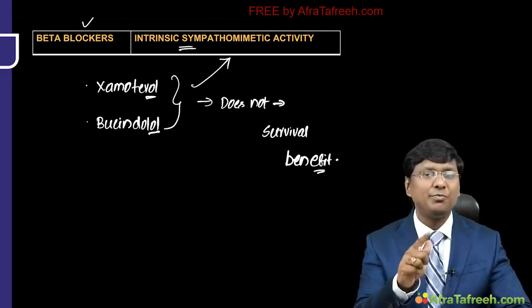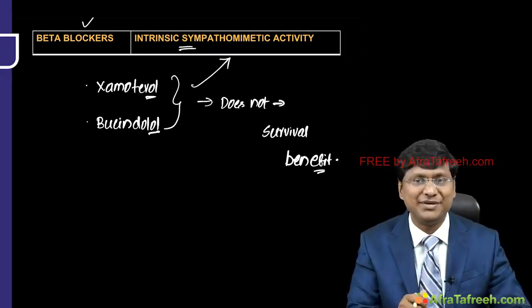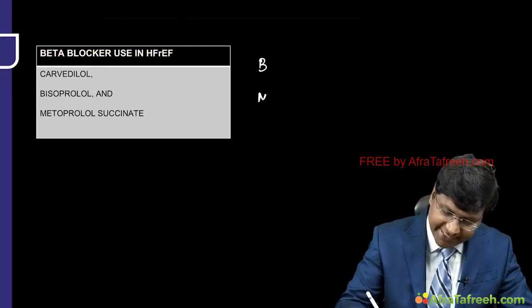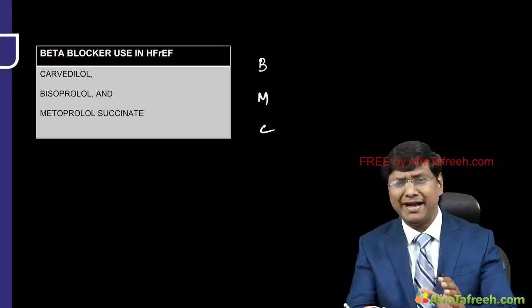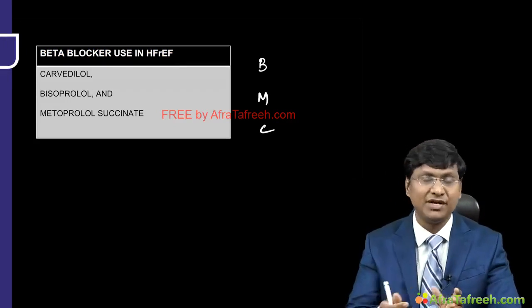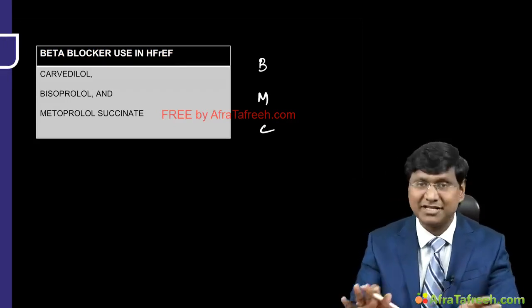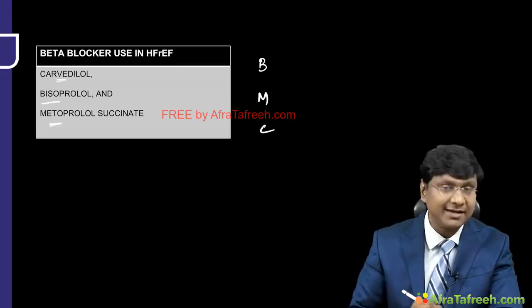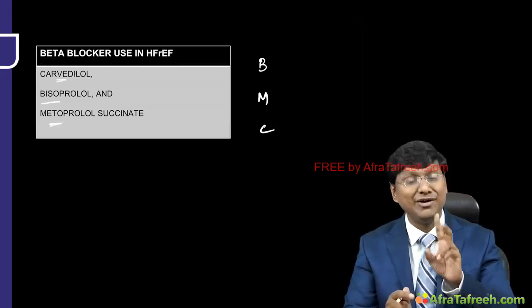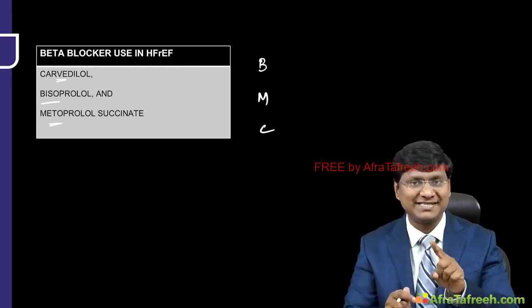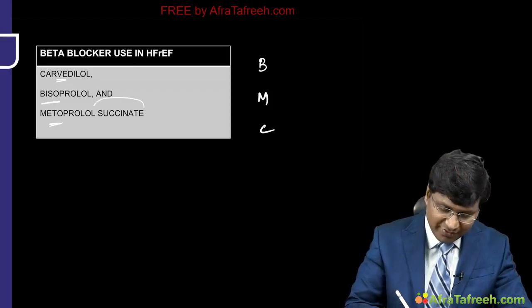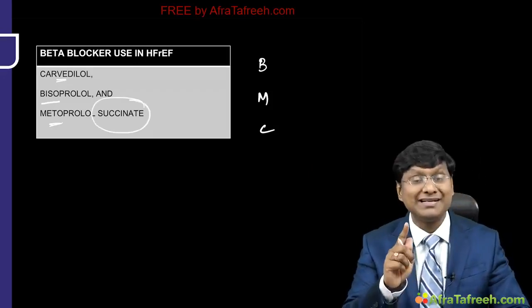Then, which group of drugs can be given in heart failure with reduced ejection fraction? Just remember this mnemonic, BMC, that is Bangalore Medical College or Bombay Medical College, whichever way you want to remember. But remember this BMC: bisoprolol, then metoprolol, and then carvedilol. And in metoprolol, you have two formulations. Metoprolol succinate is there, metoprolol fumarate is there, right? What we need to give is metoprolol succinate.